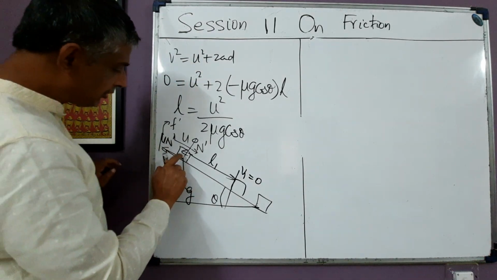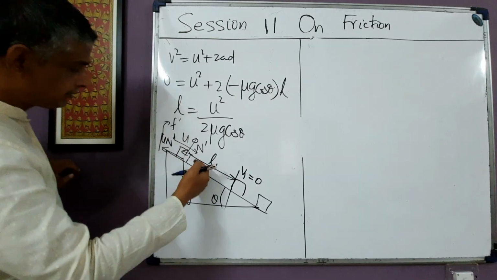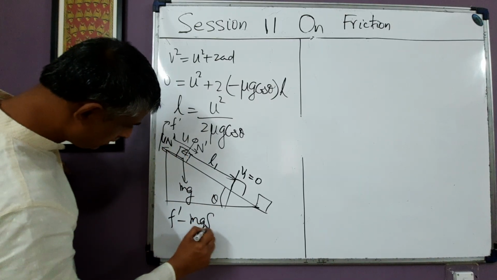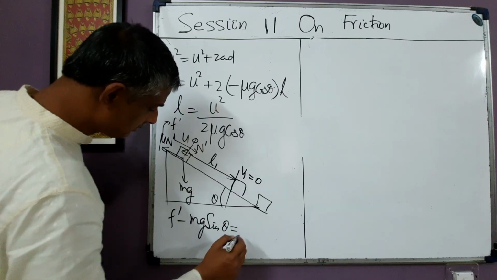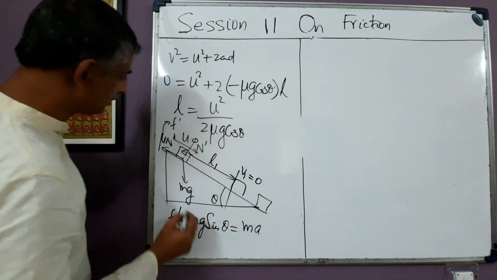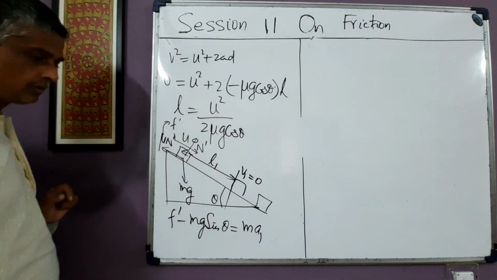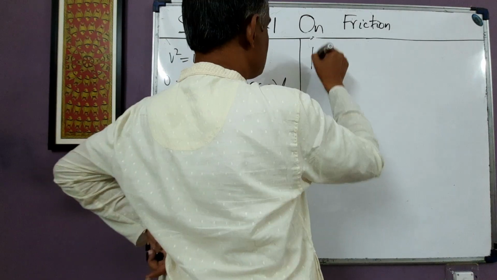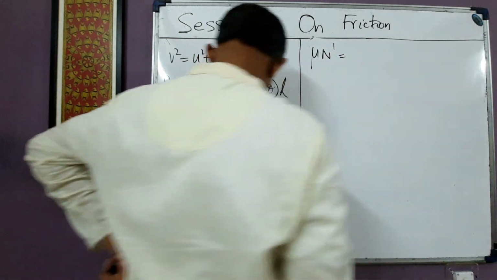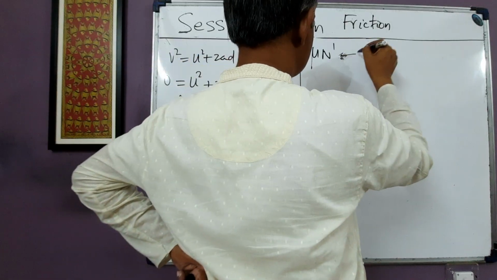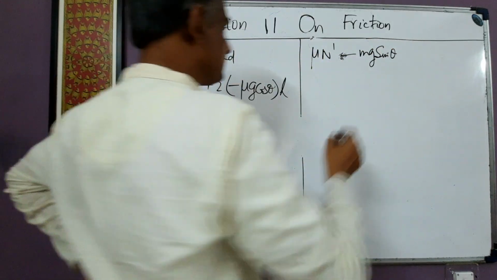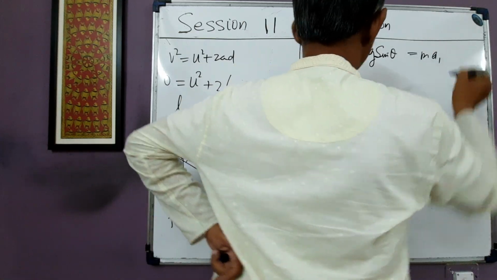So I apply Newton's second law to the block up the incline. The net force up the incline becomes F dash minus mg sine theta, that is the same as m times a1. Now F dash is mu N dash. So mu times N dash minus mg sine theta is equal to m a1.